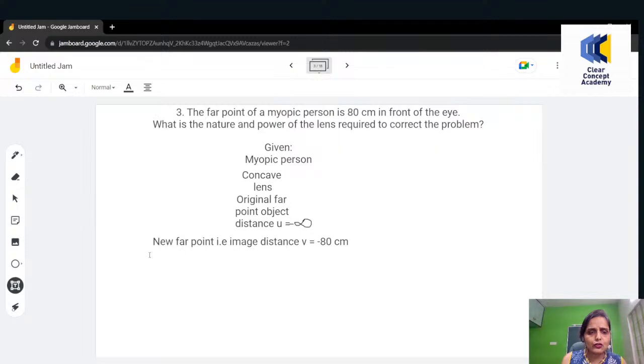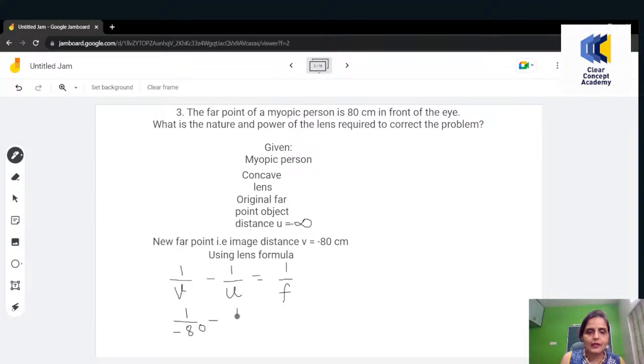What is the lens formula? The lens formula is 1 by v minus 1 by u is equal to 1 by f. Now substitute the values. 1 by v is 1 upon minus 80, minus 1 by u is 1 upon minus infinity.